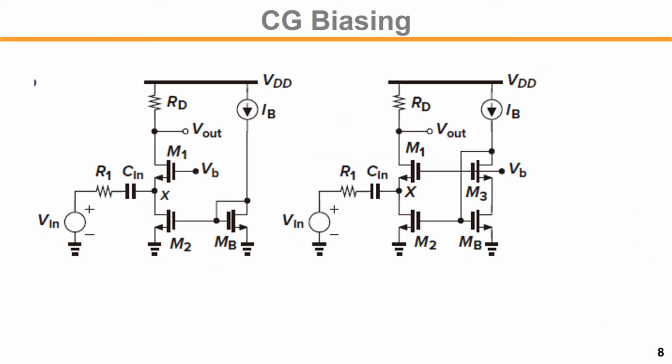For generating VB, we may choose to use just a diode connected device here, but this will create a large Vx node voltage. So we want to save the output signal range, so we properly generate VB by having this high swing cascode bias.